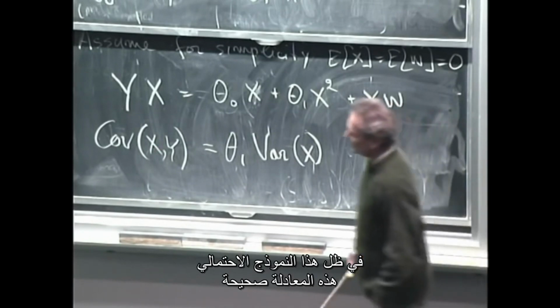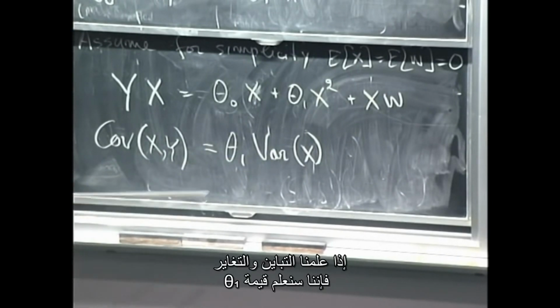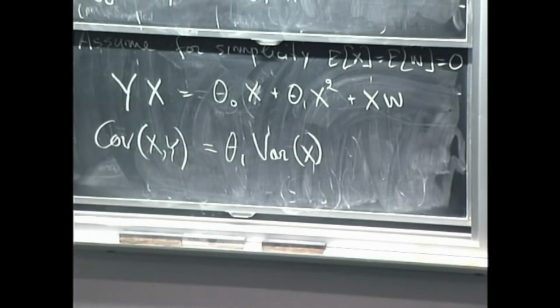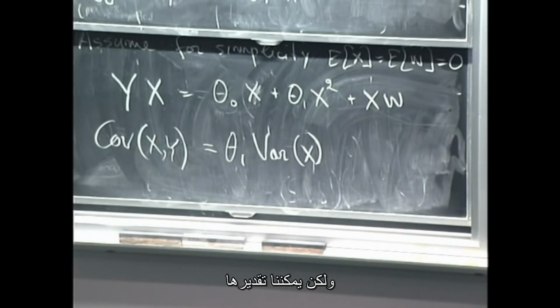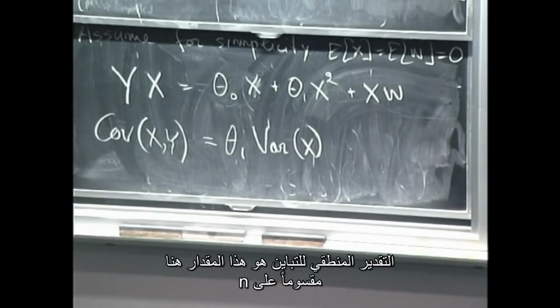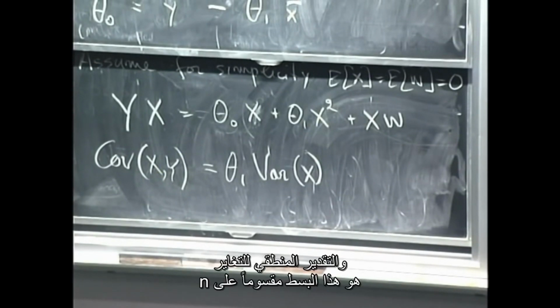So under such a probabilistic model, this equation is true. If we knew the variance and the covariance, then we would know the value of theta 1. But we only have data. We do not necessarily know the variance and the covariance, but we can estimate them. What's a reasonable estimate of the variance? A reasonable estimate of the variance is this quantity here divided by n, and a reasonable estimate of the covariance is that numerator divided by n.